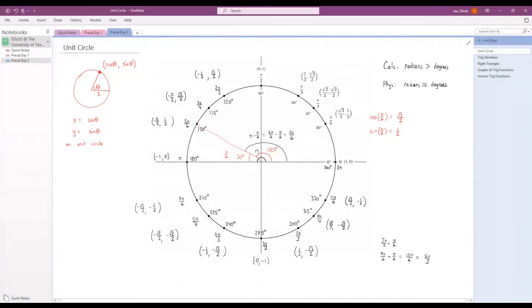So there are different ways of figuring out the angles, but you just need to know the first quadrant at least. And then if you can think about what you need to add or subtract from an angle to get to another angle, you can figure out the rest of them from there. Okay.